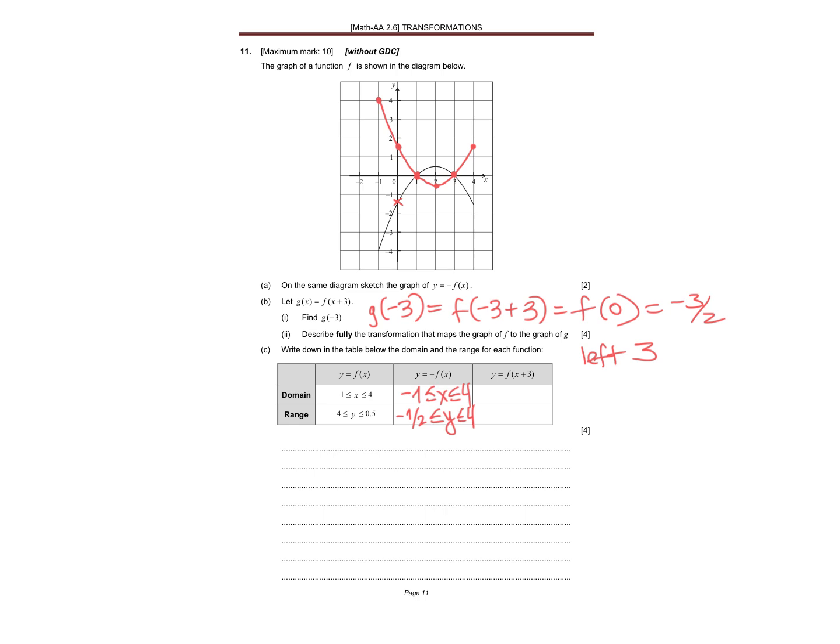And if we go over f at x plus 3, the range is not changing because the y's have not been affected, but for the domain, everything shifts to the left 3. So this is going to be negative 4 and 1. So we would subtract 3 from each of those.